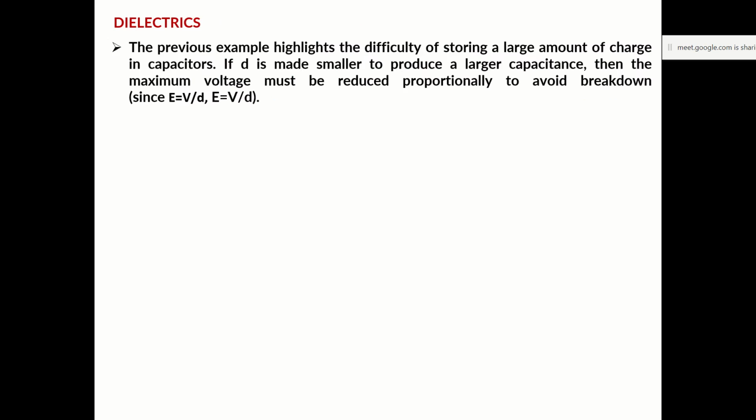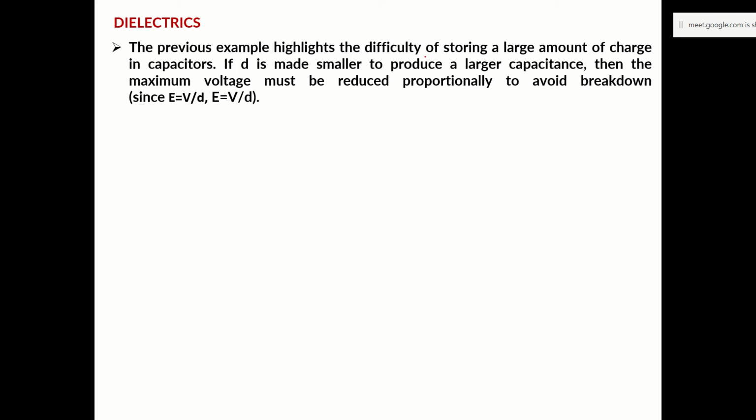So there is something we need to do, and there comes the role of certain types of materials to be placed between the plates. These are called dielectrics, materials which reduce the electric field. Let's see what happens.